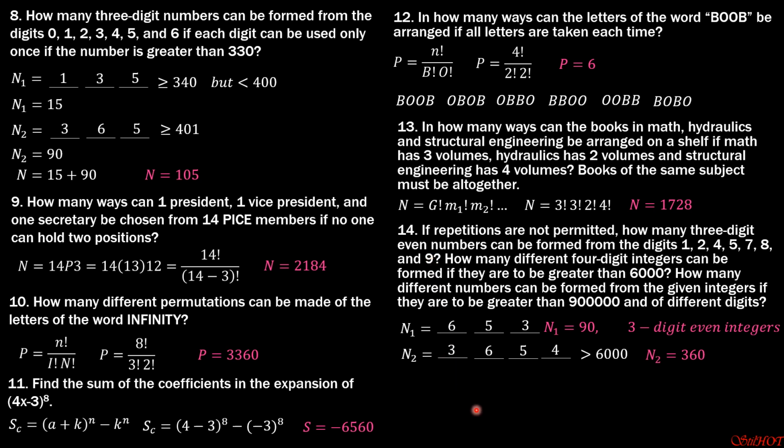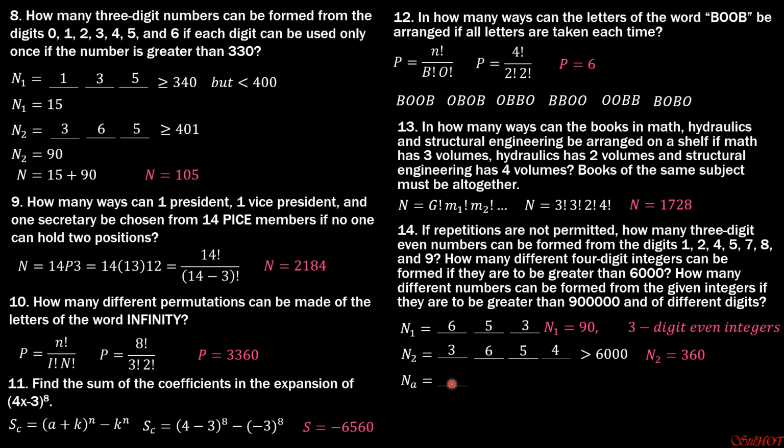The second case is a 7-digit number, and that is millions. For the second case, there's no problem anymore because millions are greater than 900,000. Since there are 7 available digits, the second case is just 7 factorial.